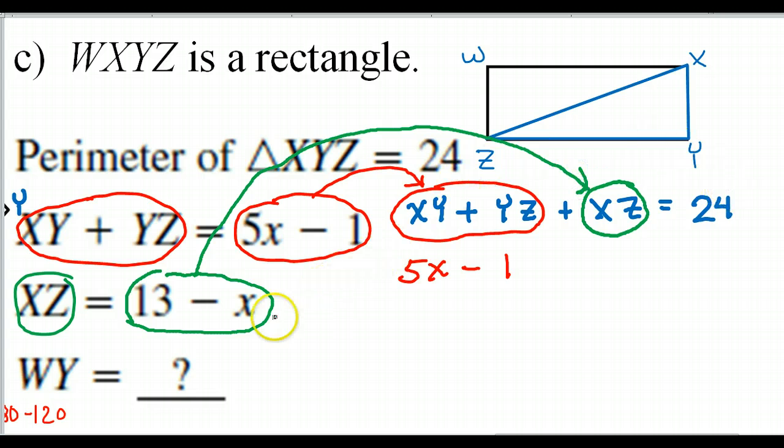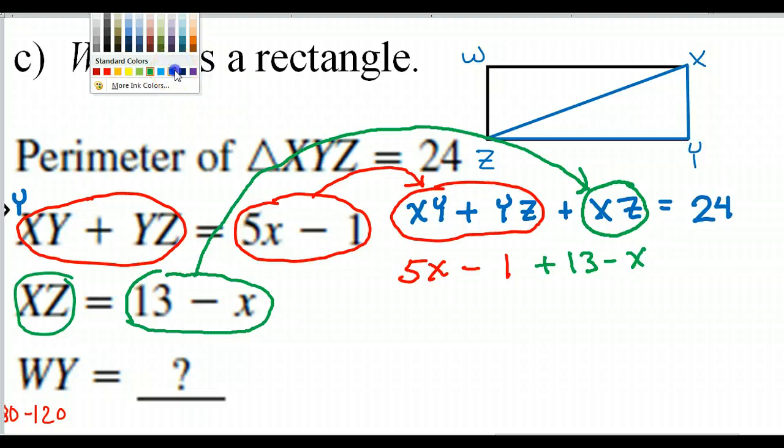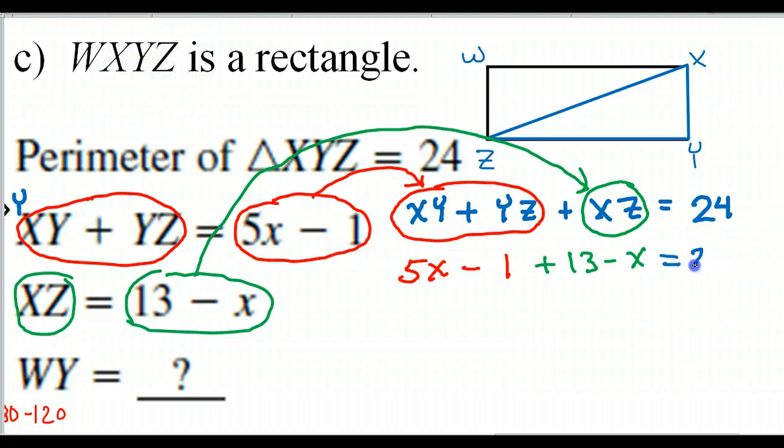So that's what I'm going to do. I'm going to take this 13 minus x and put it in for XZ. So this will give me plus 13 minus x equals 24. So I just substituted in the two expressions that we're given.